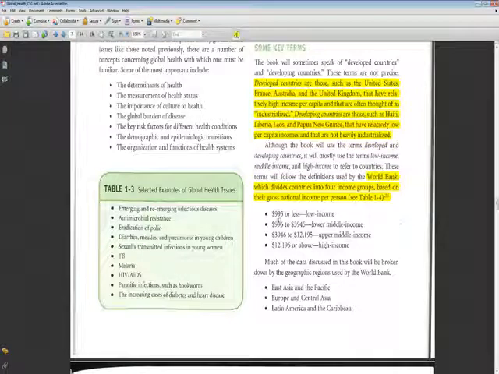Now, when you look at these, you'll maybe be surprised that we've got 995 or less income, and then at the highest one, we're $12,196 or above. Now, remember, that's globally. Now, in the U.S., you think $12,000 and above, that's certainly not one tax bracket. But around the world, we have these 4 divisions.